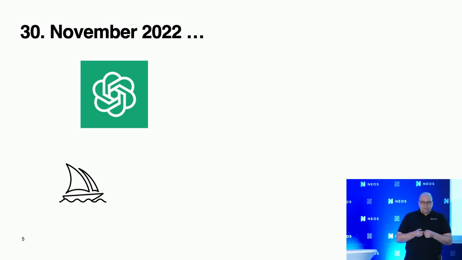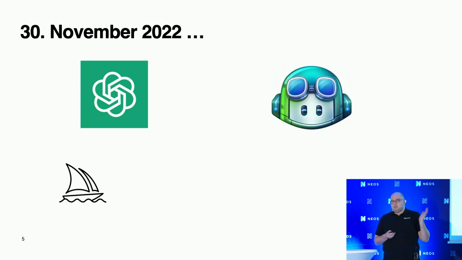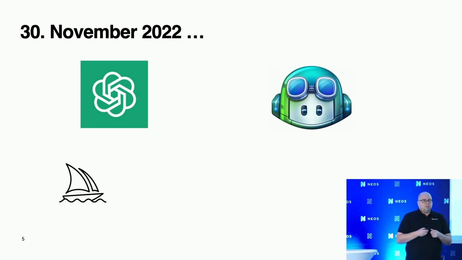In the following months, I was, like many of you, flooded with news about new AI tools, for example for image generation like Midjourney, but also tools like GitHub Copilot, a code assistant which should help with productivity. And in the following year, 2023, all big tech players started to dive into this topic.